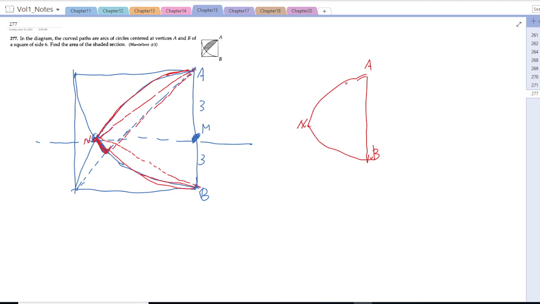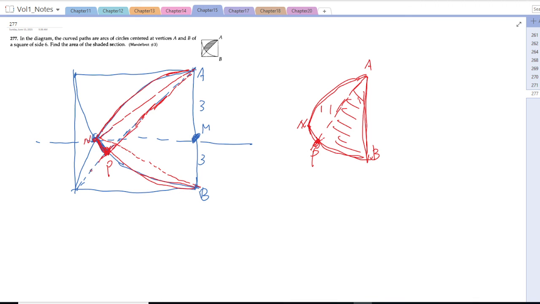Then we take out this part. Let's see, this point is P. So the shaded area is this one, and this one. Let's take out this part, the APB. APB is just a section of the arc. Now let's calculate.